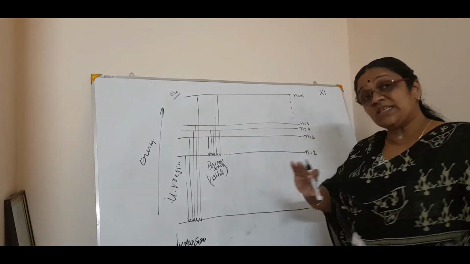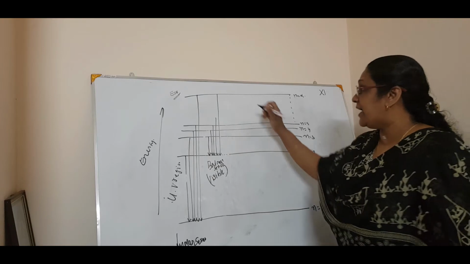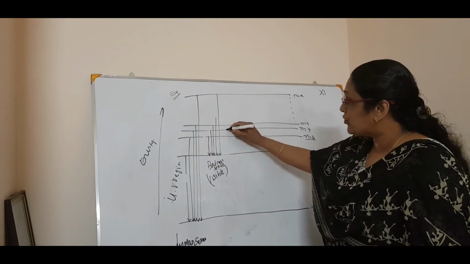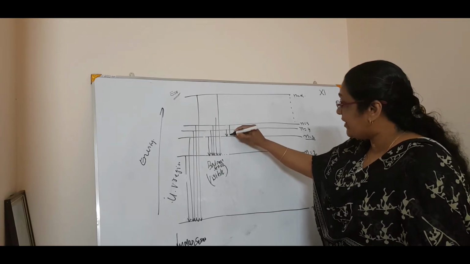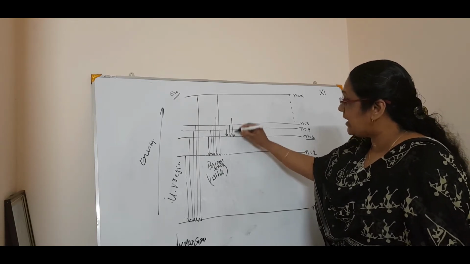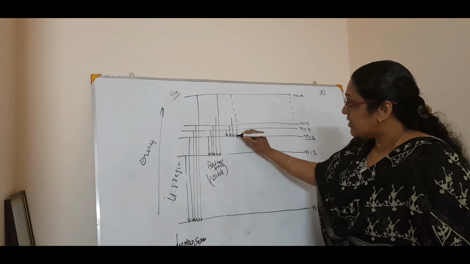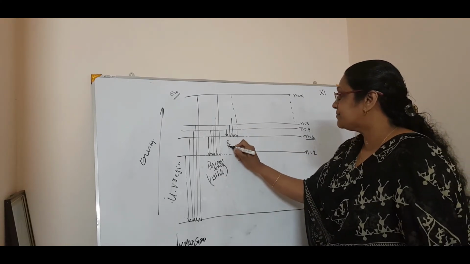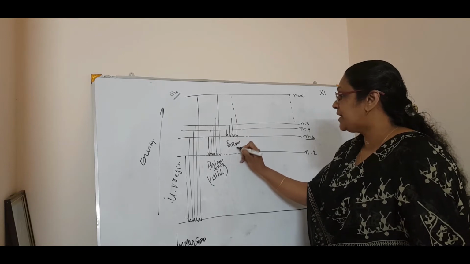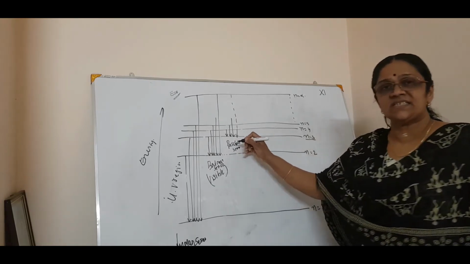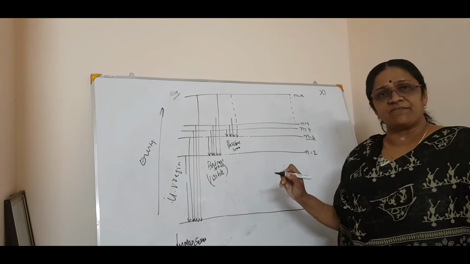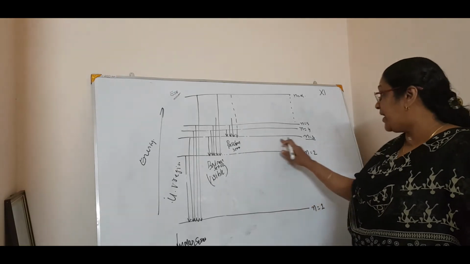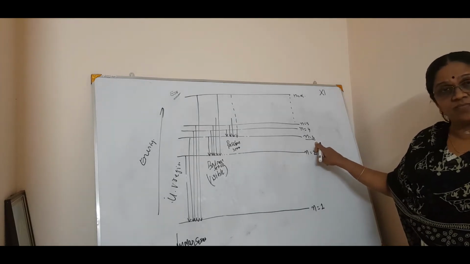Now comes the third series, where n is equal to 3. That means from 4 to 3, 5 to 3, 6 to 3, and from infinity to 3. That is called the Paschen series, because a scientist named Paschen discovered this line spectrum, where n is equal to 3.